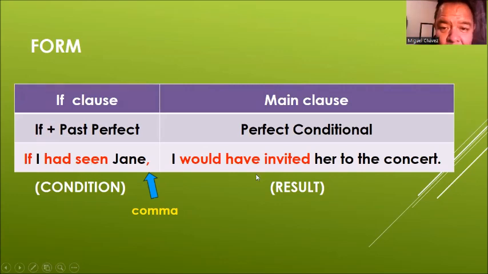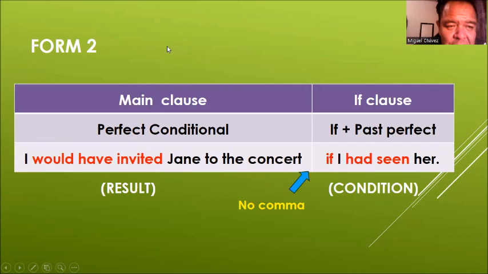And in the second part, the main clause, we have the perfect conditional, and we are going to have as an auxiliary verb would have, followed by the past participle too. Remember that for the past participle form of the verbs, we have regular verbs that finish with ed and irregular verbs that change the form, like see, seen, invite, invited. Let's continue.